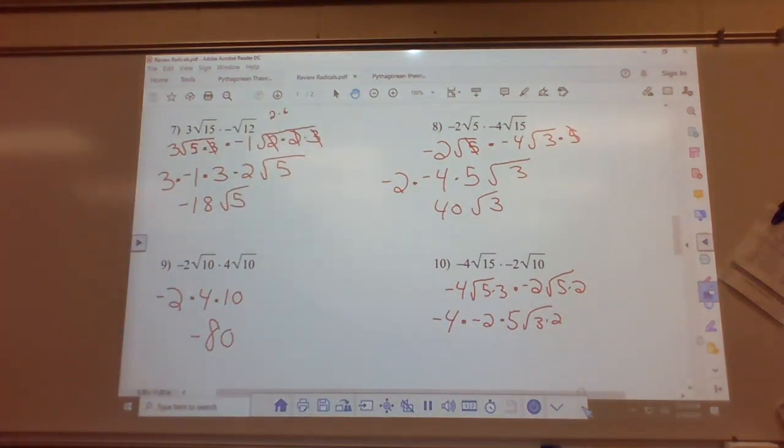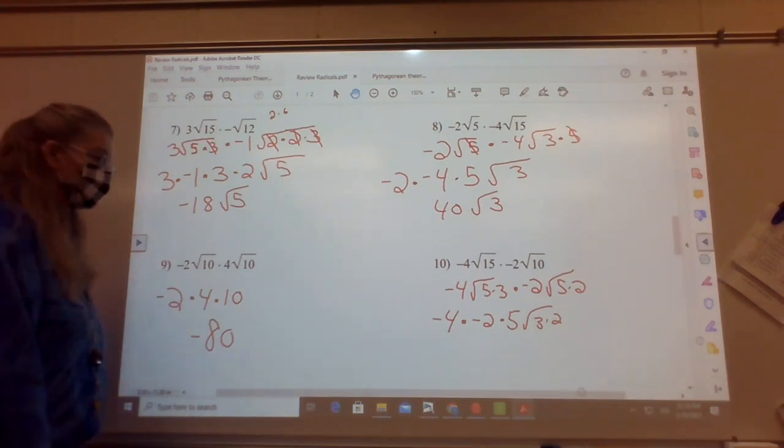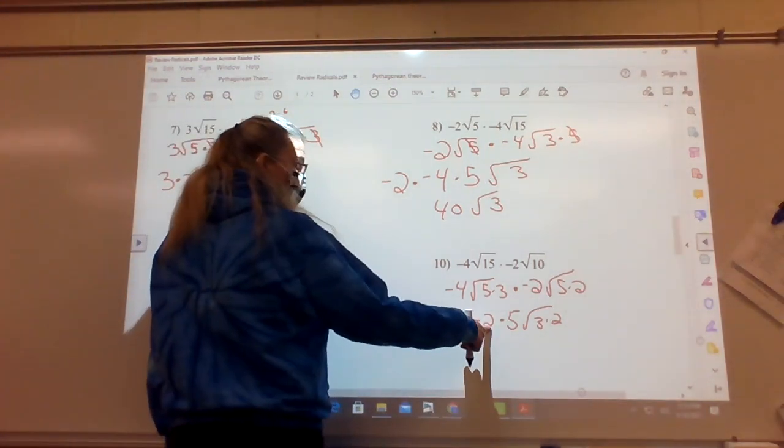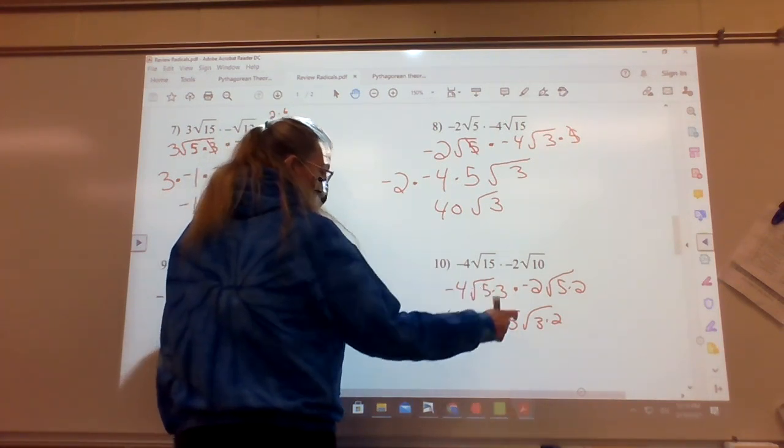So again, this last one I got a little bit of cleanup at the end. So everything outside multiplies together, everything inside multiplies together. So negative 4 times negative 2 times 5, 40. 4 times 2 is 8, 8 times 5 is 40. Negative times a negative is a positive, I keep the positive.